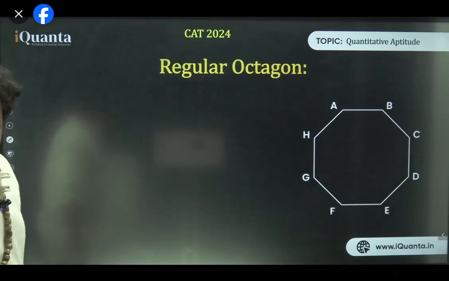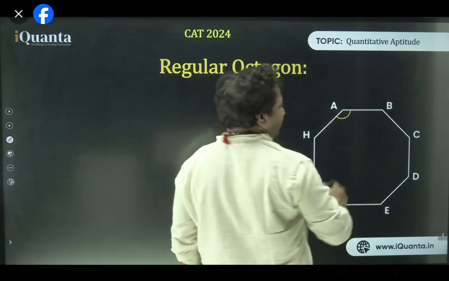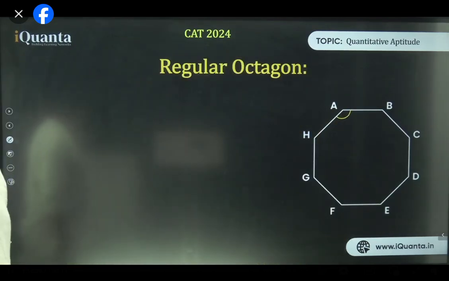Here we have an octagon. Okay, so tell me, everyone, what will be one angle of an octagon? This one angle. Tell me.